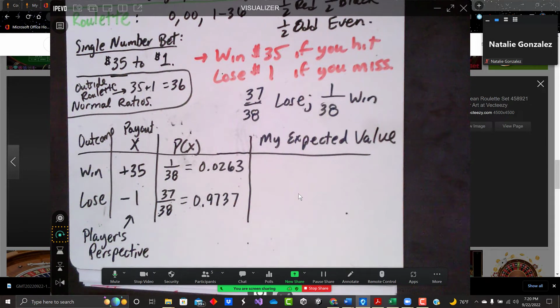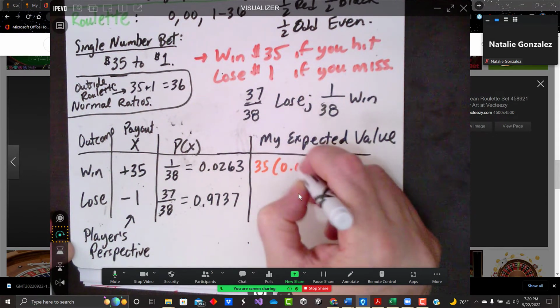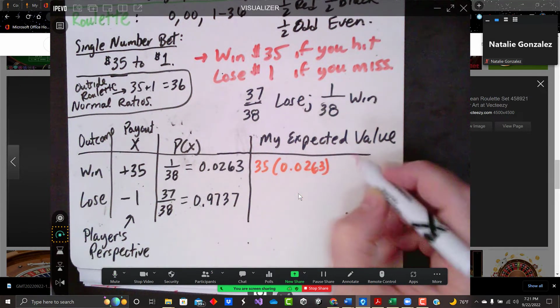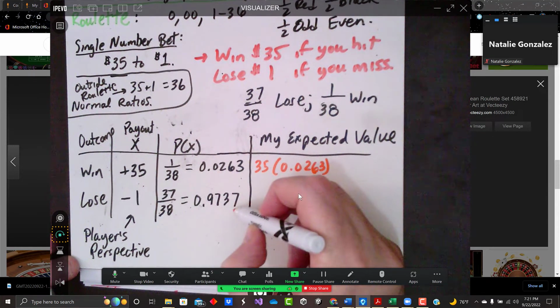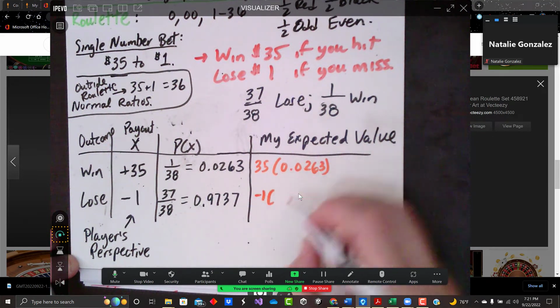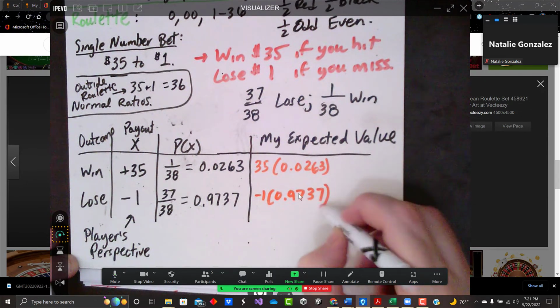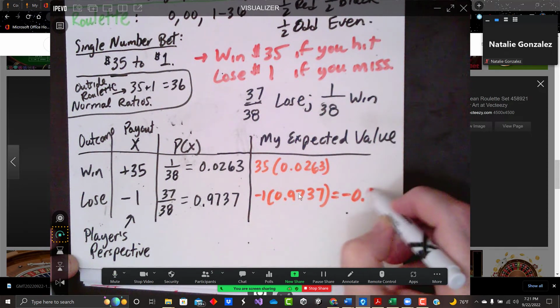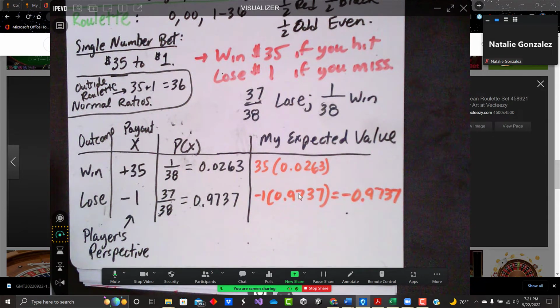So what I'm going to do is take these values right here and multiply by that. 35 times 0.263, and negative 1 times that actually is pretty easy. Negative 1 times that is just that value with a negative sign. I don't need a calculator for that one, but I do need a calculator for the first one.